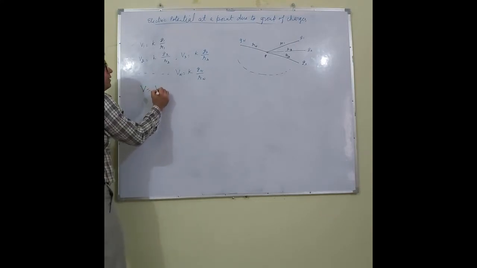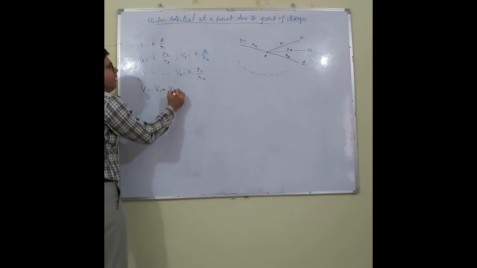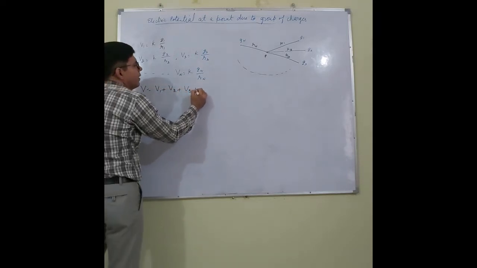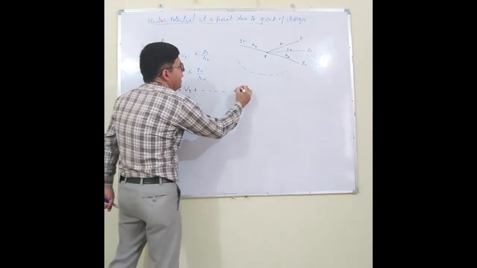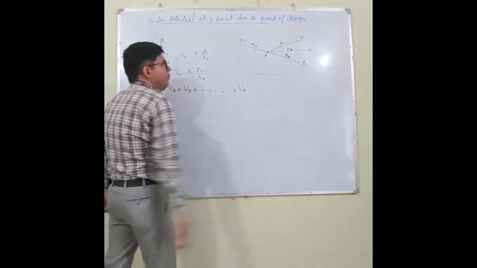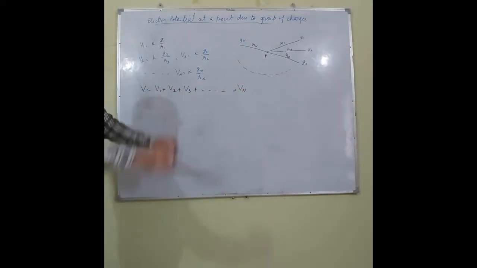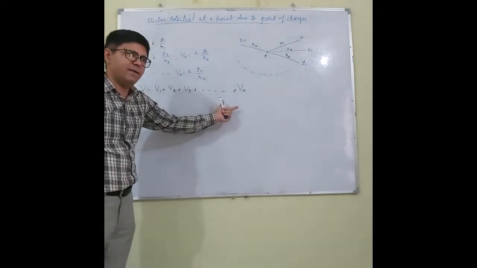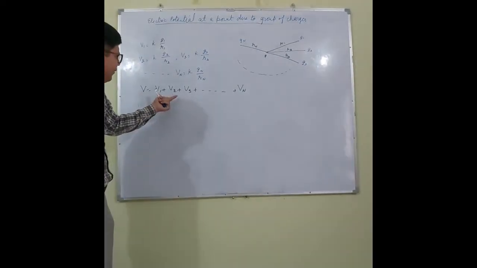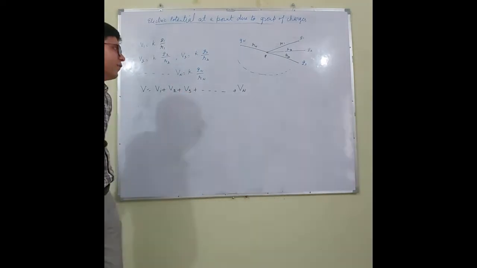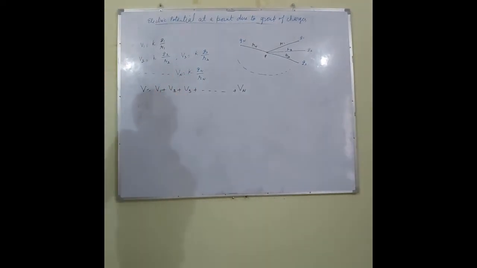The total electric potential can be found by taking the scalar sum, because electric potential is a scalar quantity and has no direction. So if I want to calculate the electric potential at point P, I have to add these. It equals the algebraic sum of the individual electric potentials.